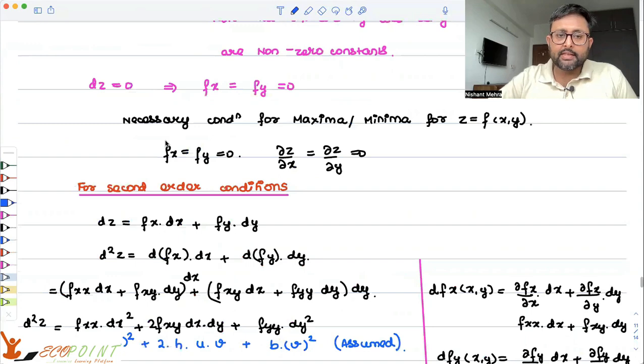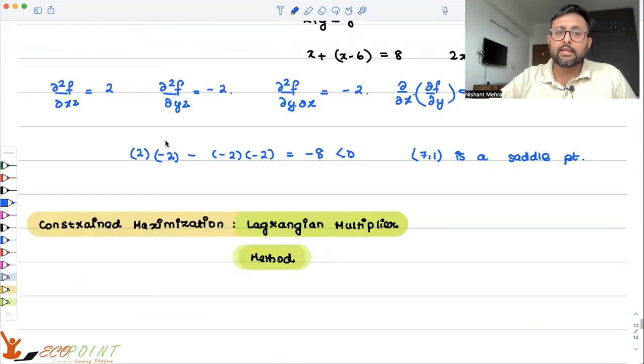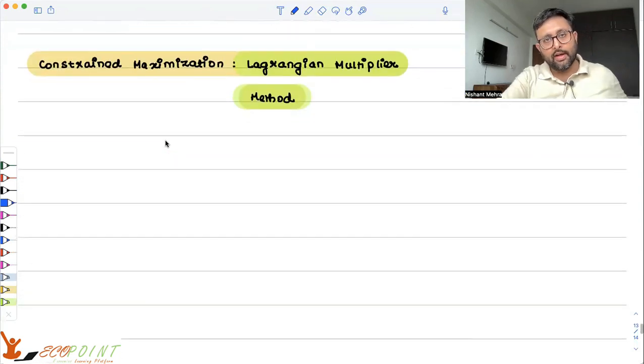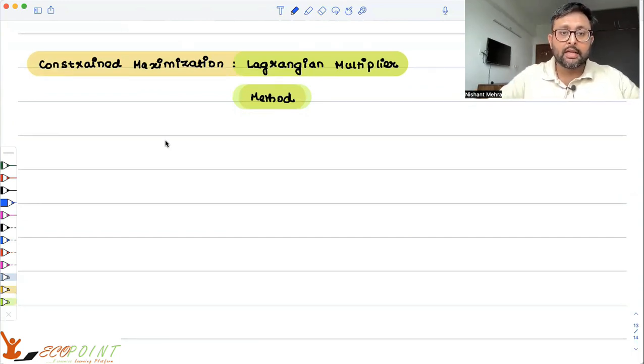But there can be cases when a certain constraint is put on the value of x's, right? So how do we find the solution there? This is a very intuitive explanation for the Lagrange multiplier method. I'll be giving examples maybe in the other class, but you should understand why we are doing this cookbook procedure.